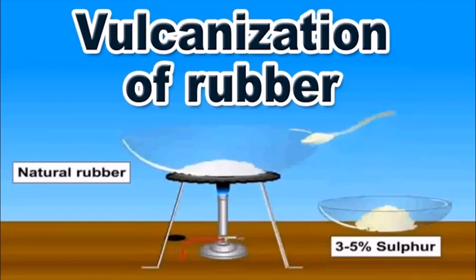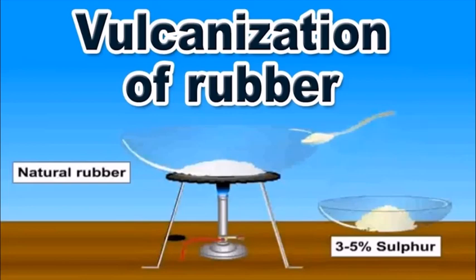And when he extinguished the stove, he found that a hard elastic substance was formed. This way he identified that from natural rubber, we can make artificial rubber by mixing sulfur into it.